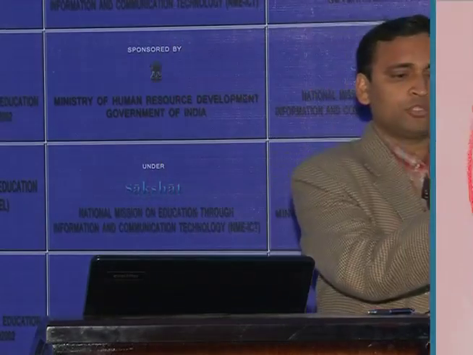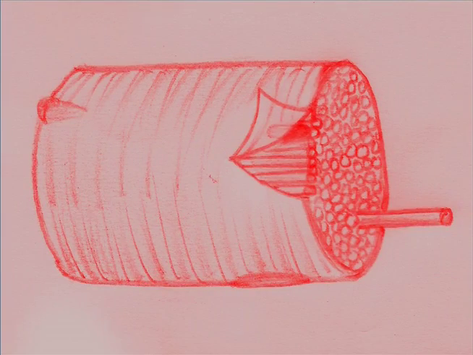So endomysium and perimysium, all the connective tissues, are parallel and continuous. Suppose this is one fascicle and another fascicle; when you wrap it completely, that is perimysium. So this is the endomysium, parallel to endomysium is perimysium, and parallel to perimysium is epimysium. Epimysium is the outermost covering of the muscle.